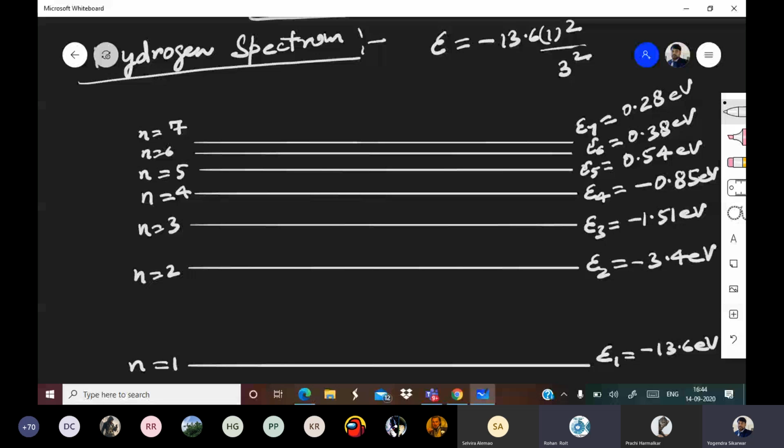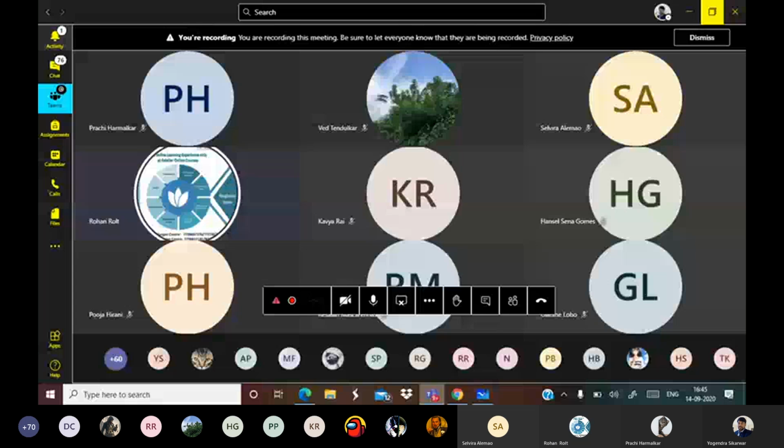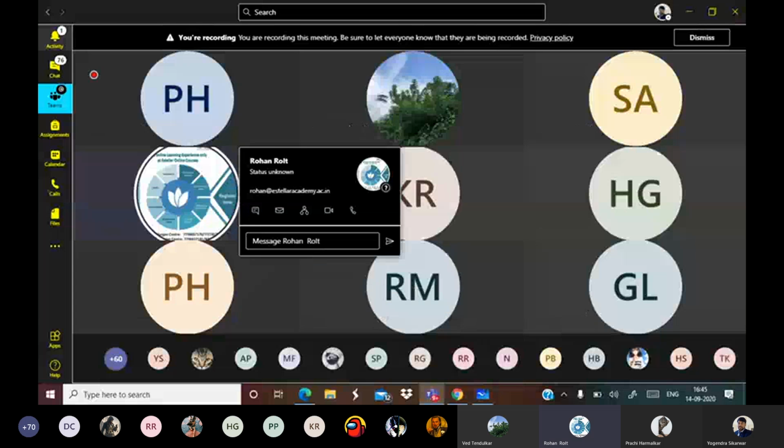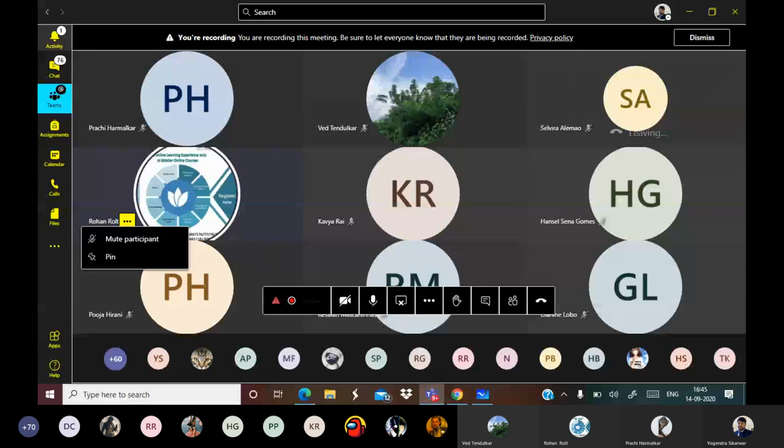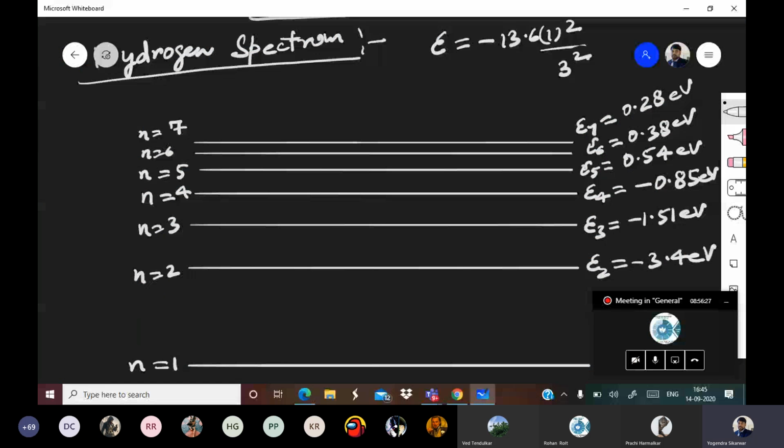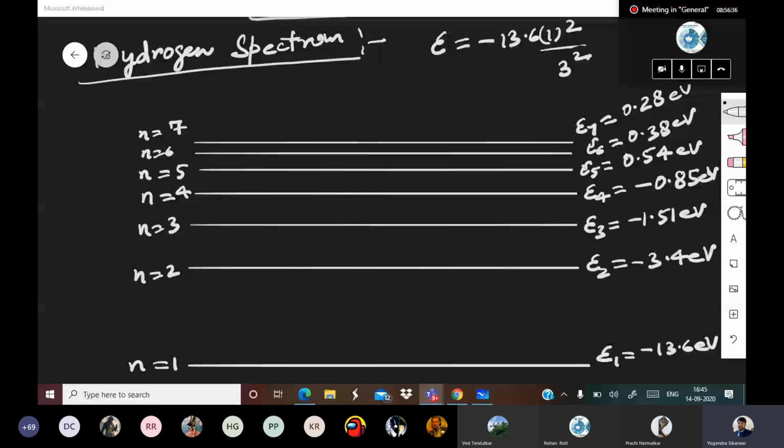These are the energies of electrons in different energy levels. So in the first energy level, the energy of the electron in a hydrogen atom is minus 13.6.